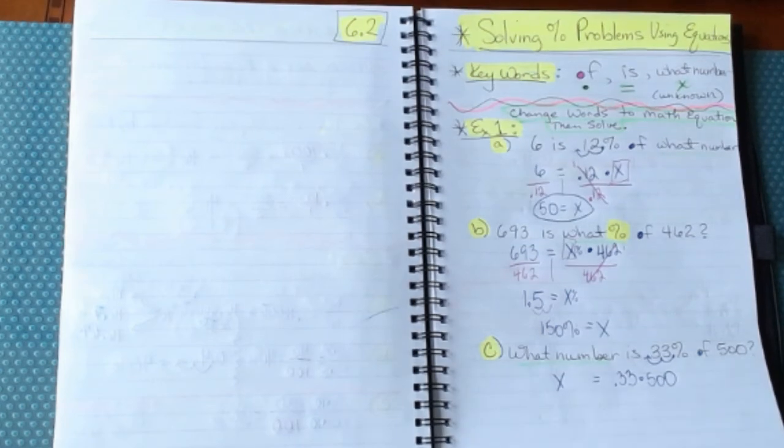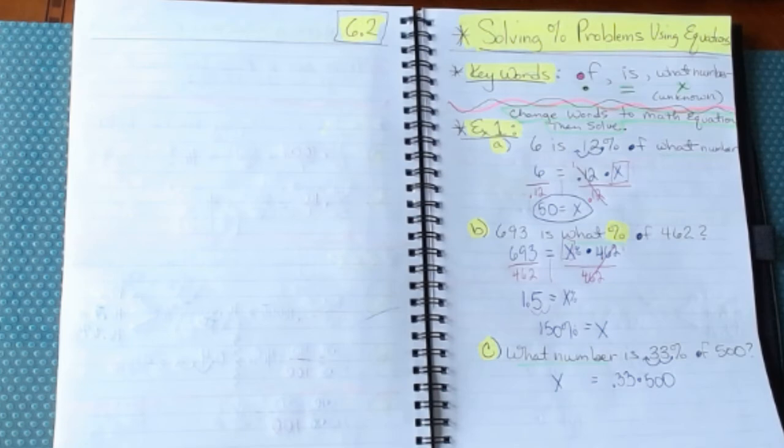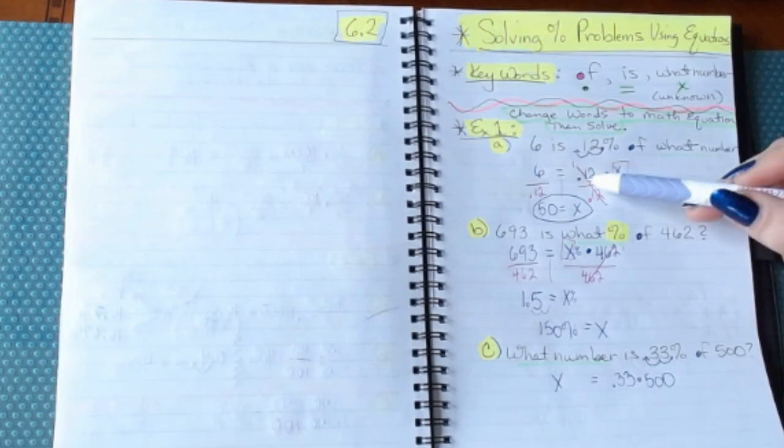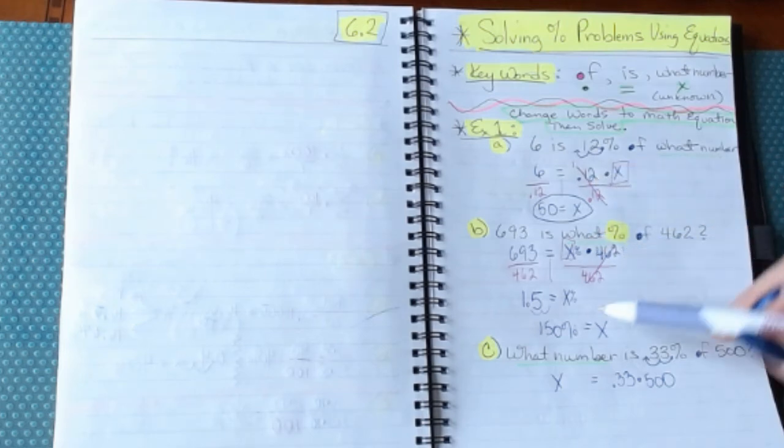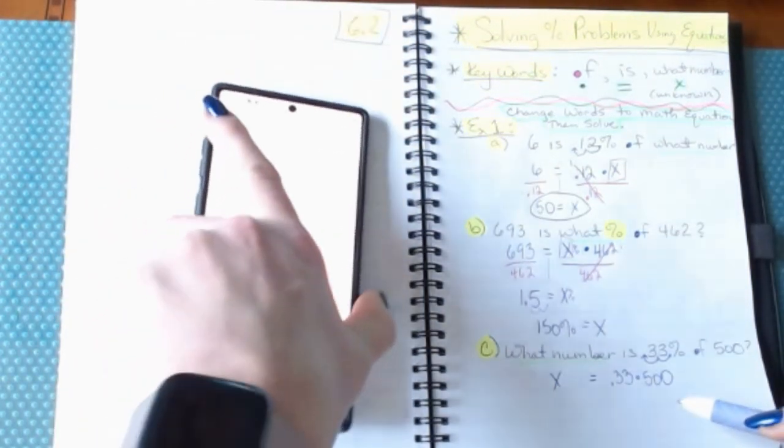Now look, in this problem my X is all alone. So I don't have to do any inverse operations like I had to do in these last 2 examples. X was not alone. But in this case, X is alone. So all I really have to do here is grab my calculator and do this math.